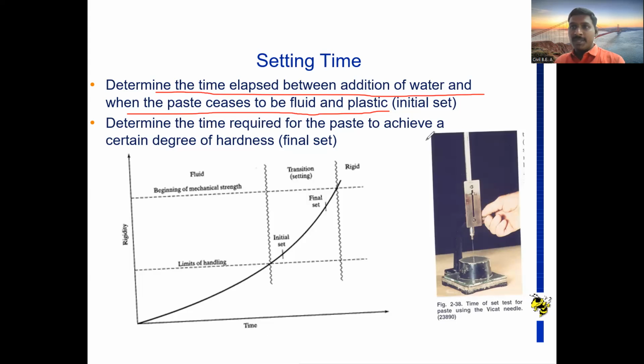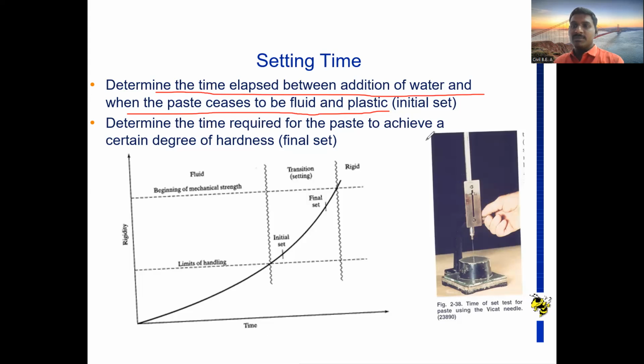That period is the time elapsed after the addition of water when the paste is in the fluid and plastic stage, and in it we measure the initial and final setting time.